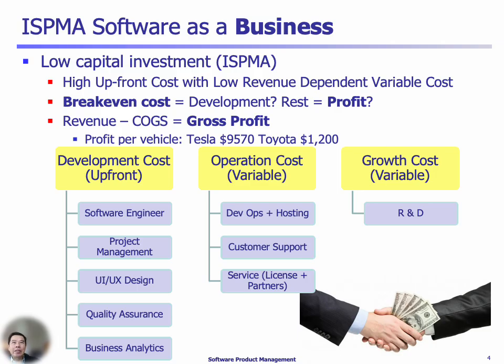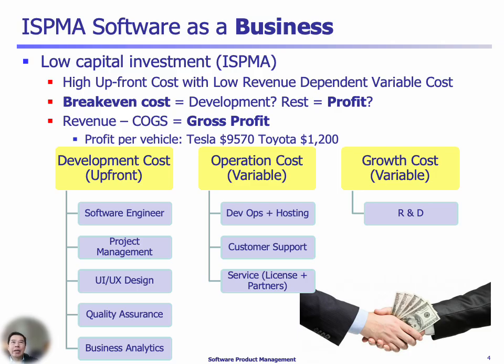If you look at Toyota, which makes a physical car, the margin is only 1,200, whereas for a Tesla, the profit per vehicle is 9,570. Tesla is an EV, and it contains services as well, which are part of its software for autonomous driving.